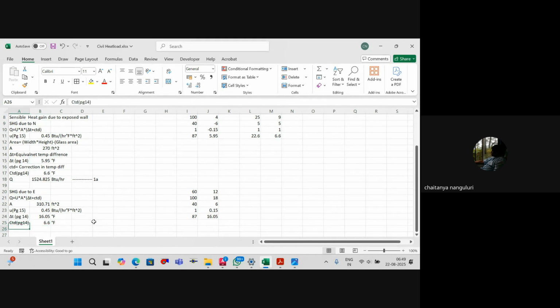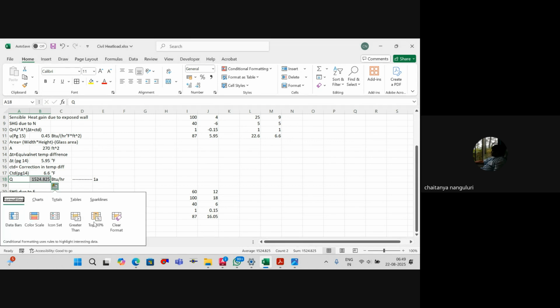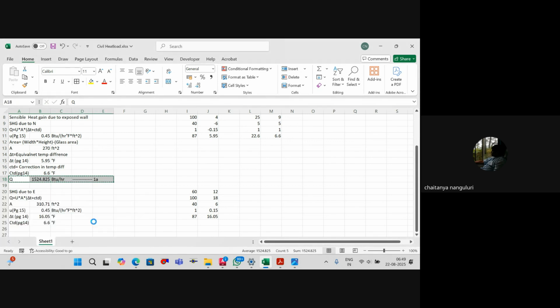So now again, we can calculate Q. If this thing is same, then I'll get the same answer. Here there should be some equation.